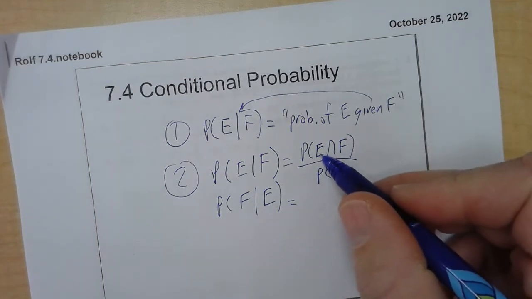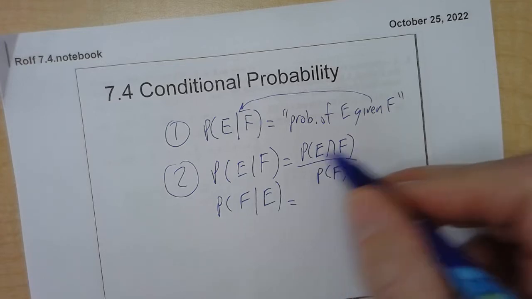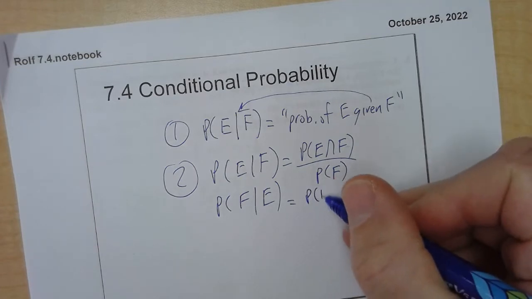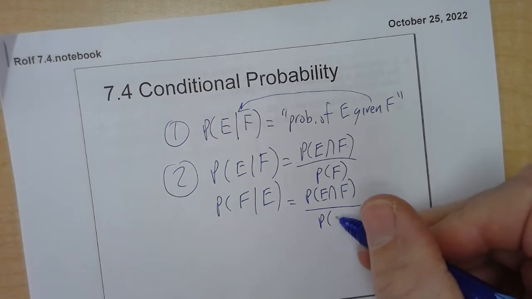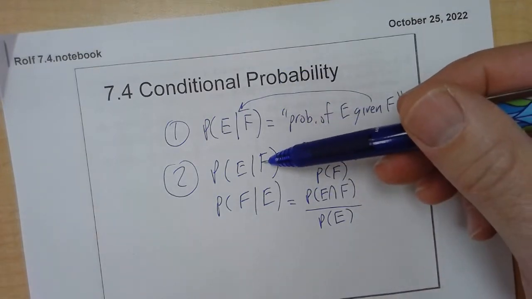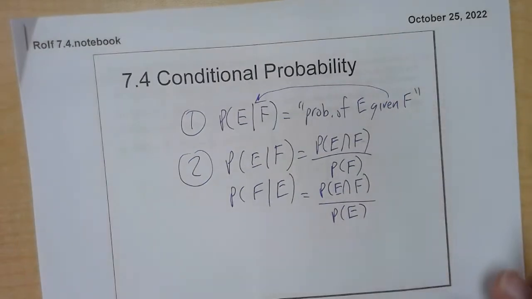Probability of E intersect F and probability of F intersect E are the same thing, so you could switch the order of those, it doesn't matter. So you just leave it probability of E intersect F divided by the probability of E. When you do the formula, just remember that you're dividing by the probability of F, and when it looks this way, you're dividing by the probability of E.